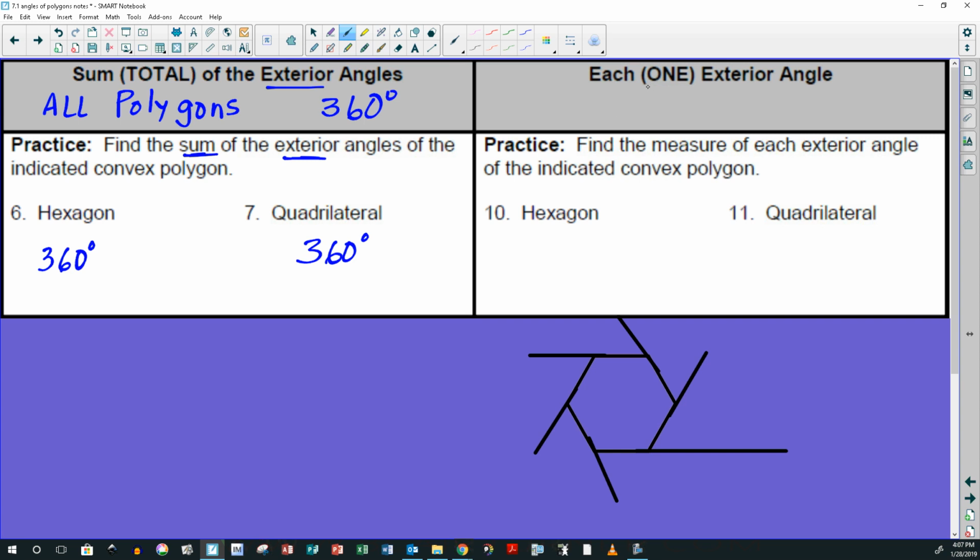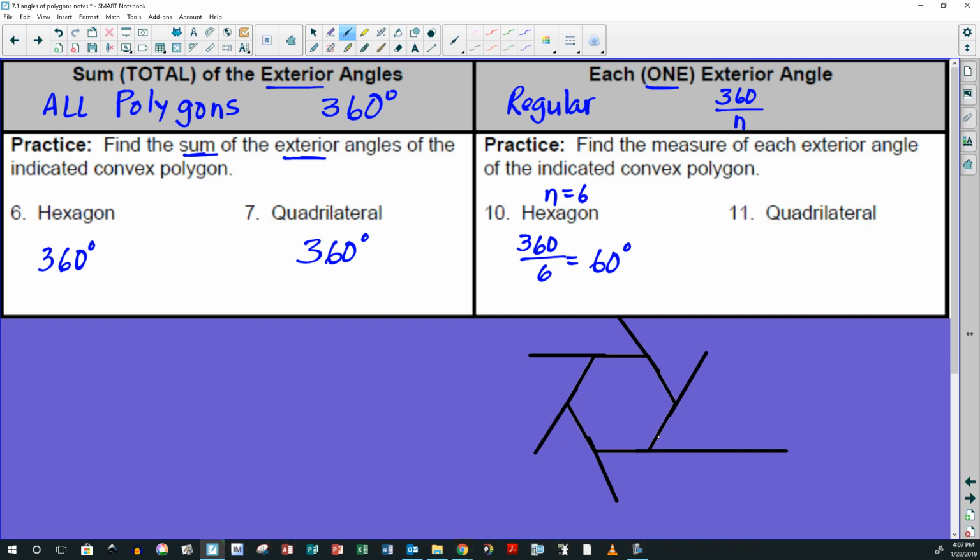Now to find one, and again, this only works on regular polygons. You're going to take the total, which this time is 360. It doesn't change. You're going to divide by the number of sides. So since a hexagon has 6 sides, you take 360 and divide by 6. That gives you 60 degrees.